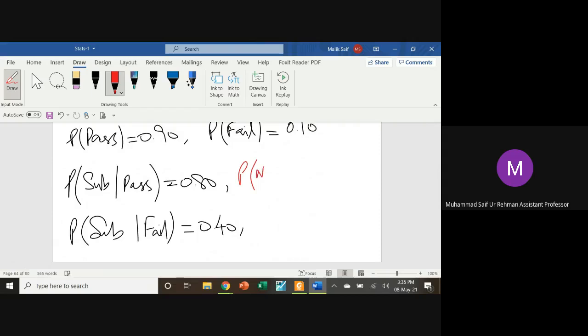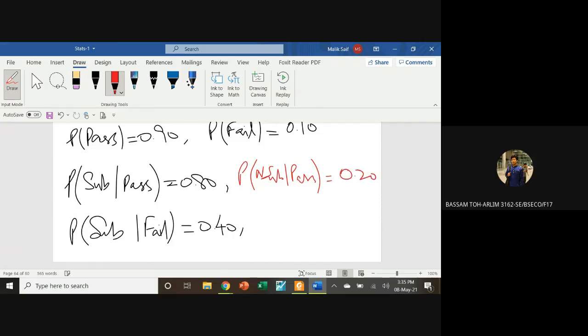If you use the complement rule, 80% are the students who submitted the assignment given that they passed the examination. So if I ask what is the probability that they did not submit the assignment but they passed the examination, in total 1, 1 minus 80%, the answer will be 20%.